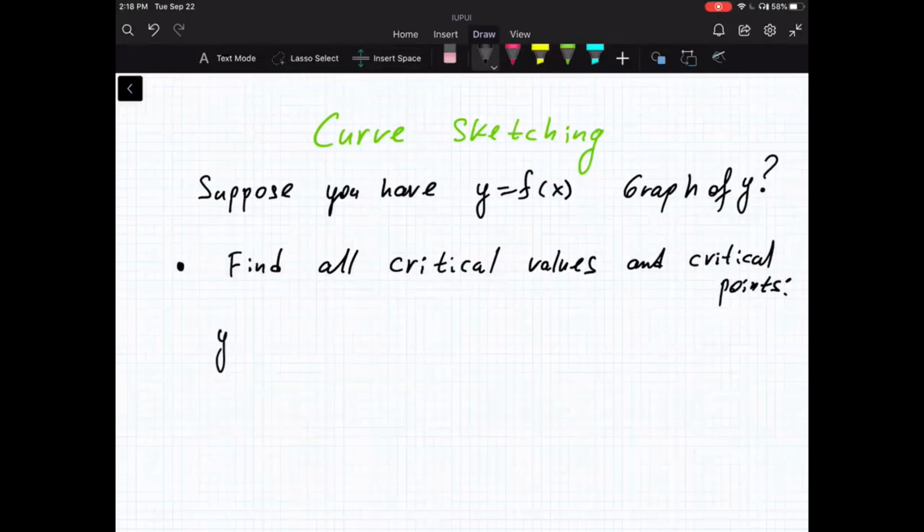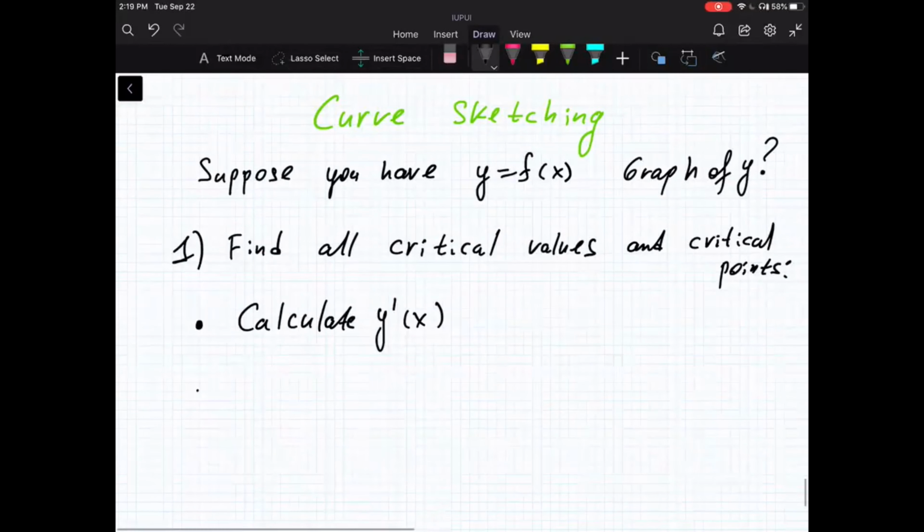It means that you need to calculate y prime at point x, just the first derivative. Okay, let me do it like that. This is the first step. And it says calculate y prime. Then find x, say, point C, critical values.